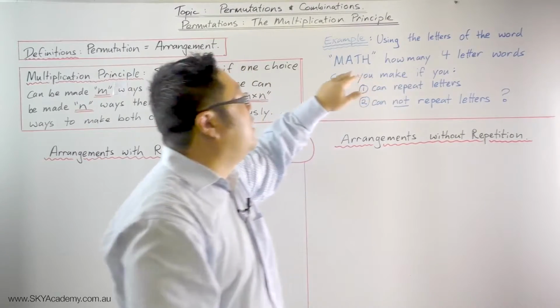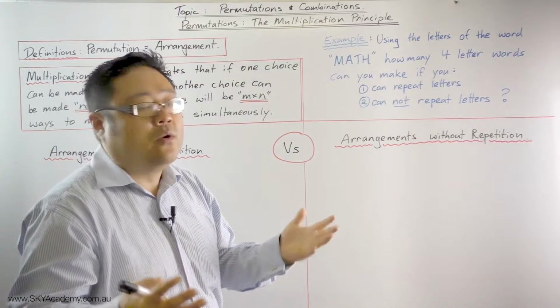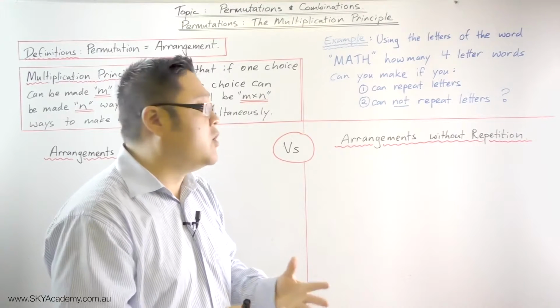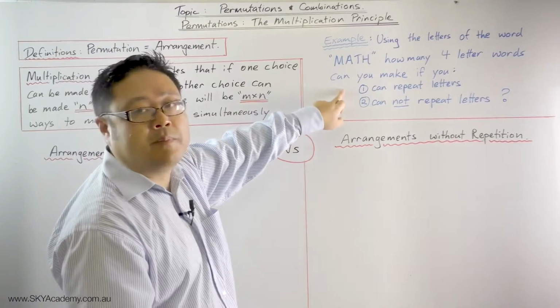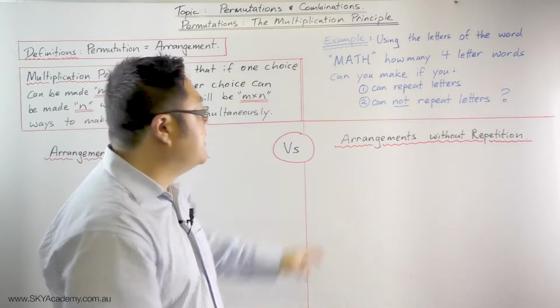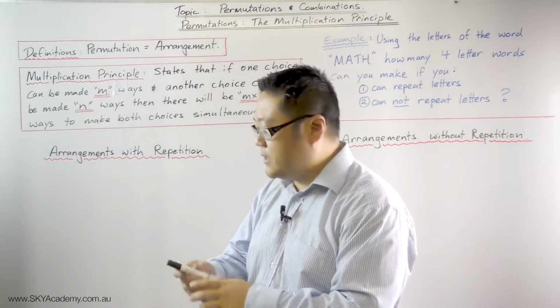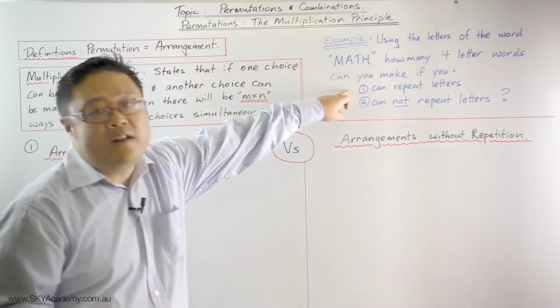Using the letters of the word math, M-A-T-H, which is the American way of saying what we call maths or mathematics, how many four-letter words can you make if, number one, you can repeat the letters, and number two, if you cannot repeat the letters, so there's no repetition of letters. We're going to look at two different examples, one where you can repeat the letters and another where you can't. I'm going to do part one over on the left side of the board, and part two over on the right. So let's have a look at part one first, where you can repeat the letters.